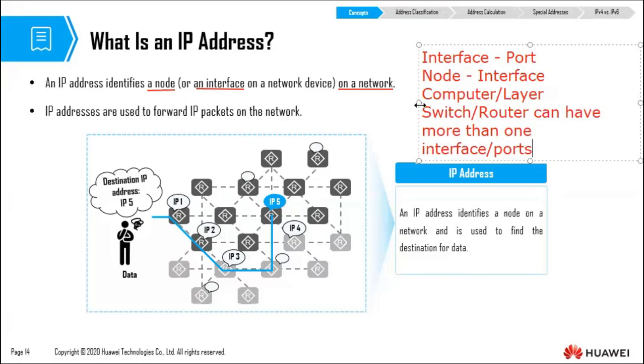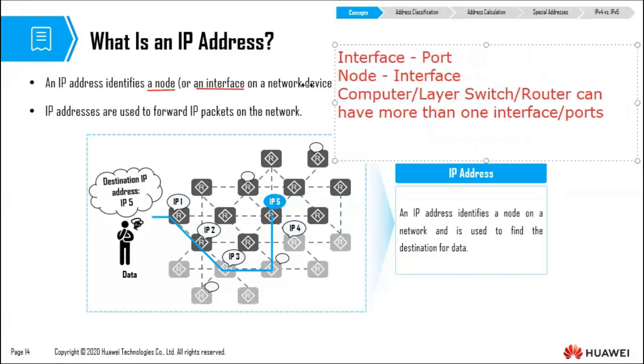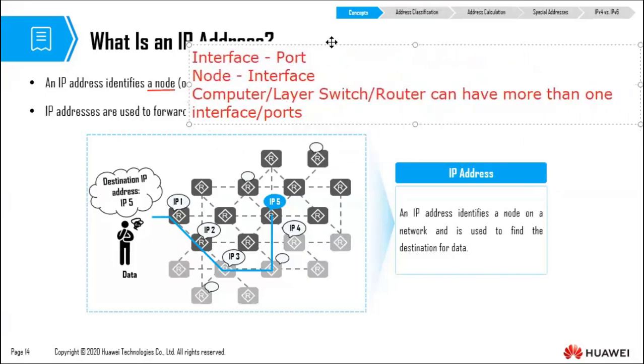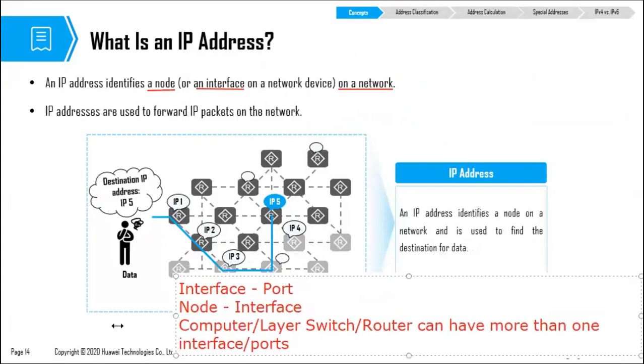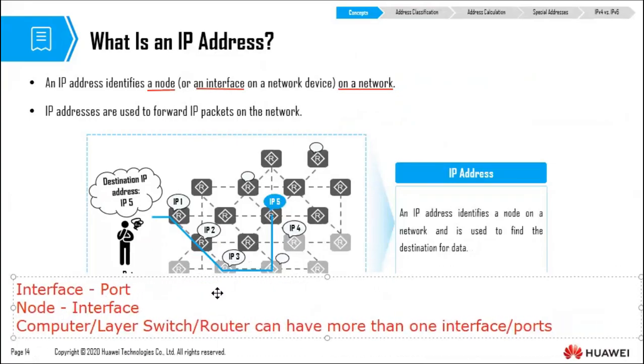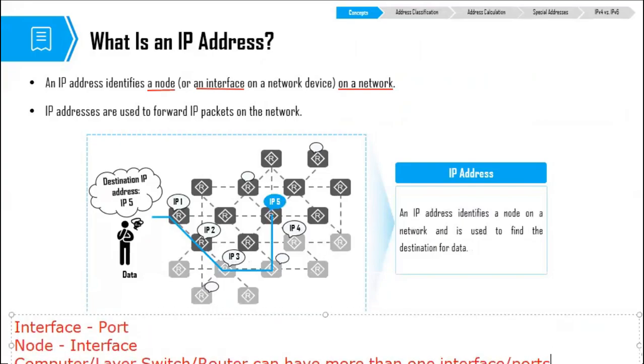So we do not assign an IP address to a computer or a switch, but really we assign that to an interface. You remember when we were talking about data link, we talked about the NIC, the network interface. So each NIC comes with an interface.